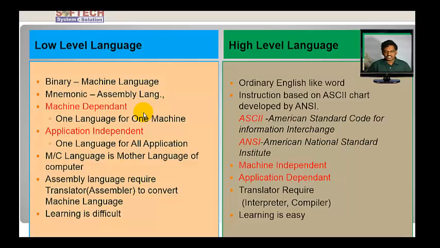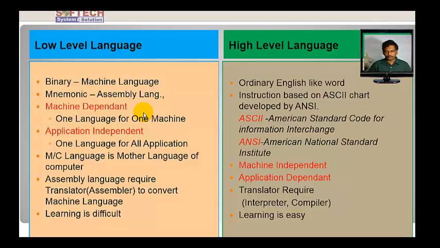Using this instruction set, we write a program for the 8085 processor. We cannot apply the same program to the 8086 or Z80, because 8086 has its own instruction set and Z80 also has its own instruction set. So it is one language, one instruction set, for one machine.